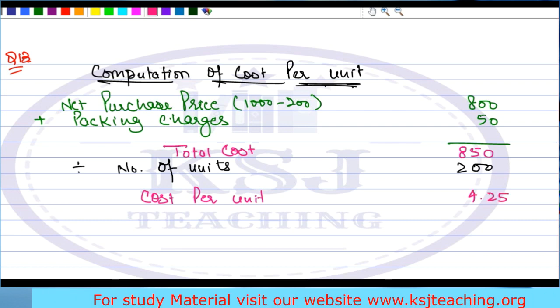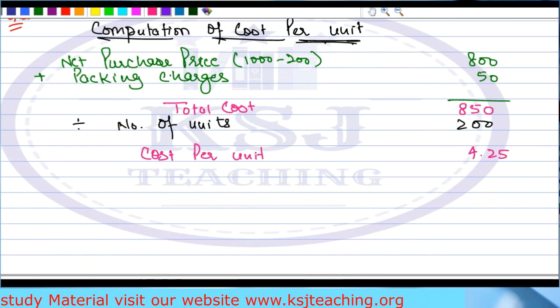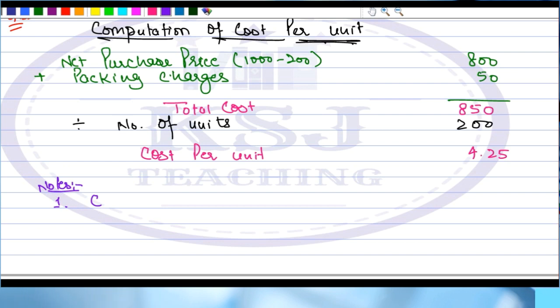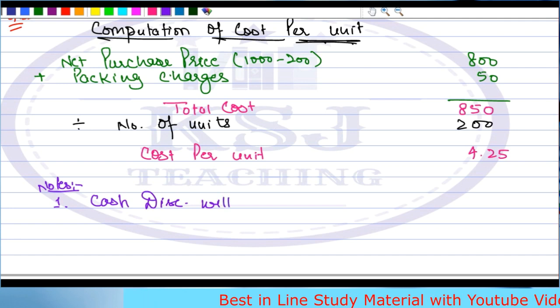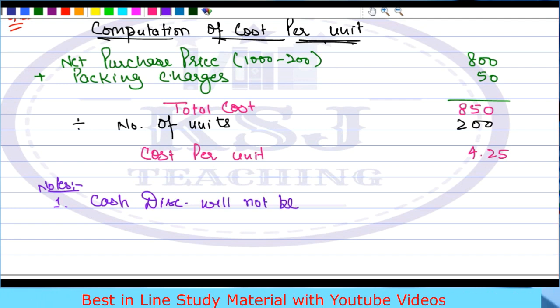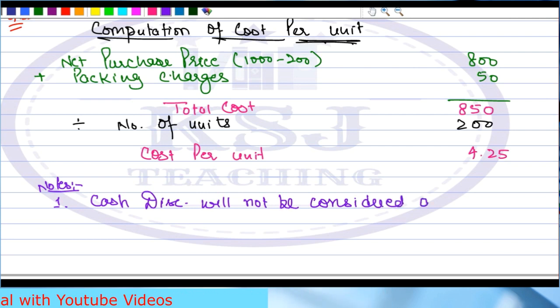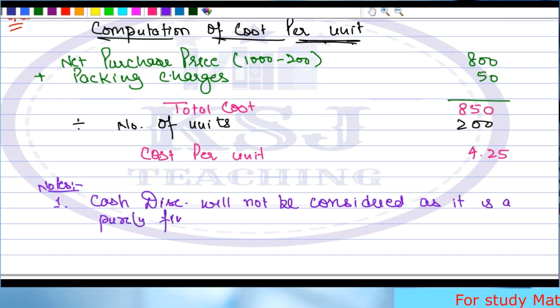And what you have to do in the examination in such cases is you have to give a note here. You will write one: cash discount will not be considered as it is a purely financial decision.